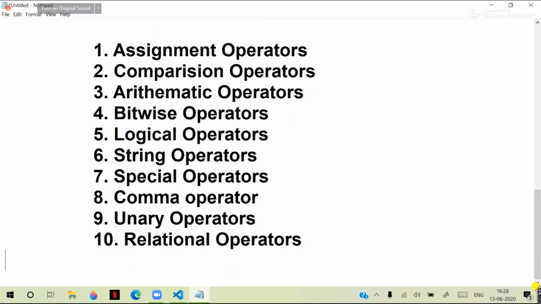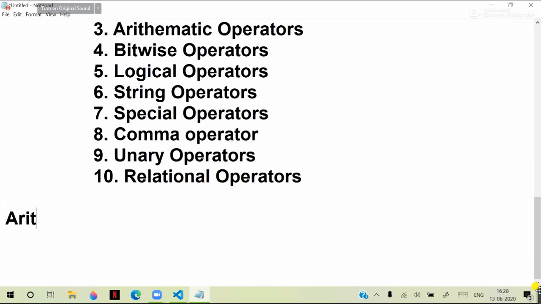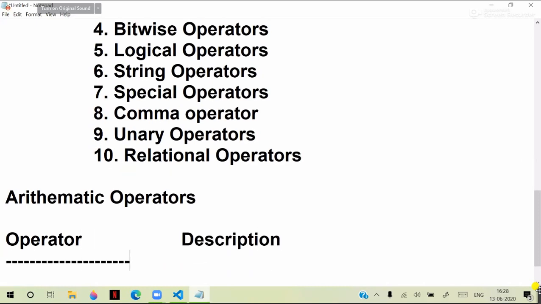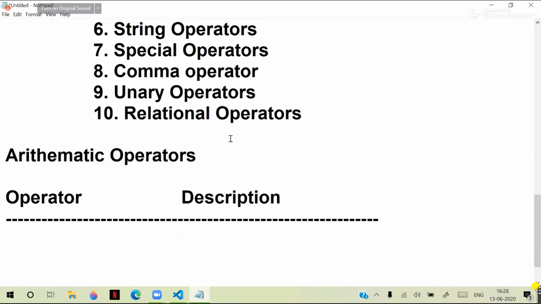So arithmetic operators. We have an operator and a description, just a simple list of arithmetic operators. We have plus, this is addition. This is minus, subtraction.